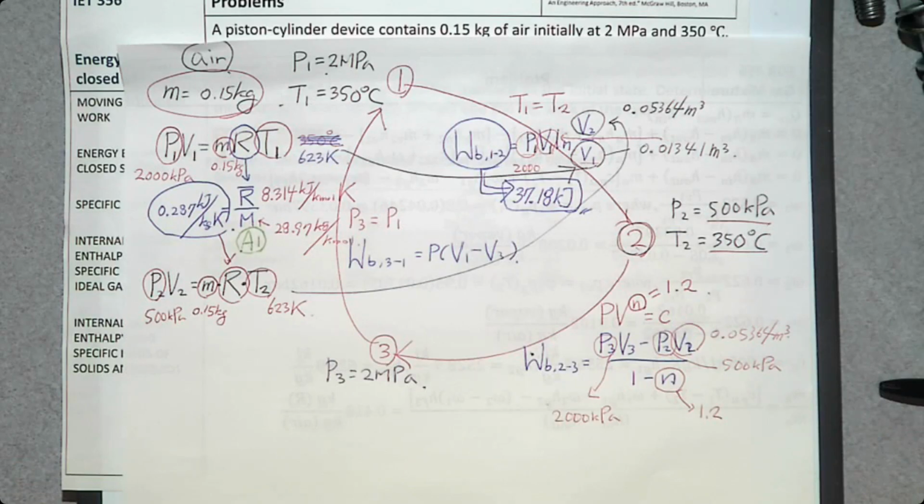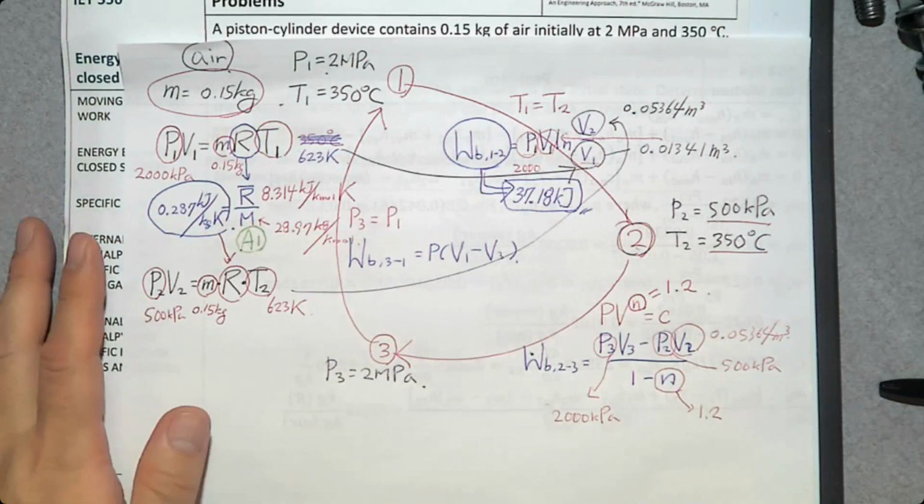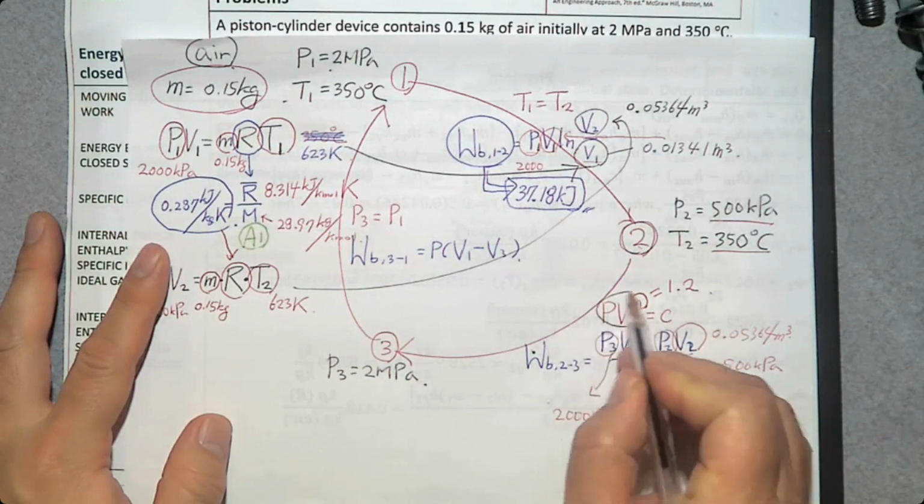There's one. Find it somewhere here. This one. PV to the power n is constant.